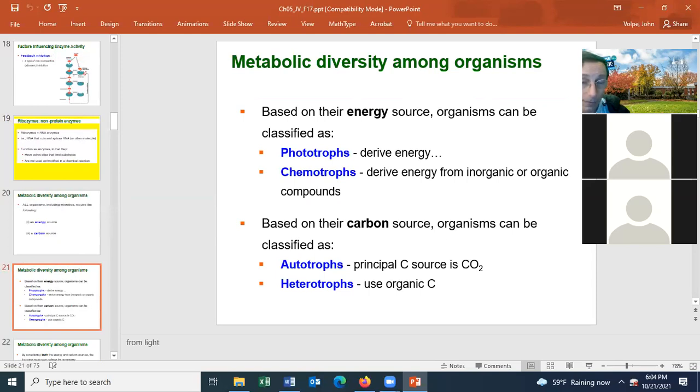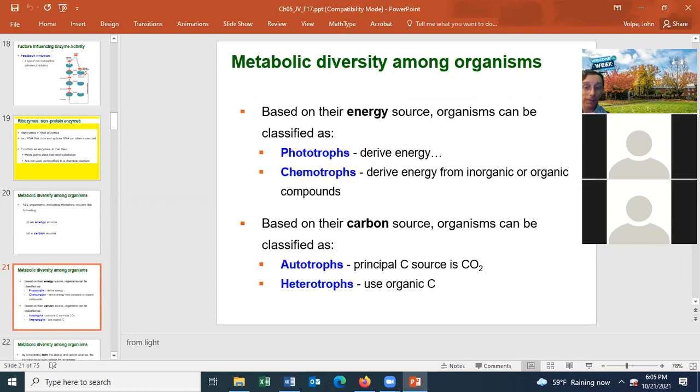And we are a heterotroph. We get our carbon source from the food we eat, largely from glucose. E. coli is another example of a heterotroph. It gets its carbon from the food molecules it eats, which is largely glucose, but it could be another food as well. Any question about that?